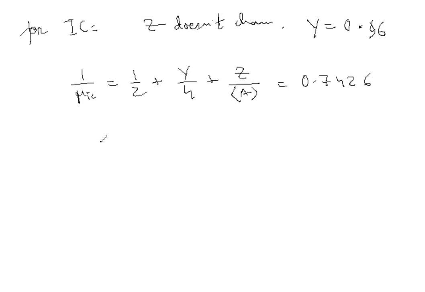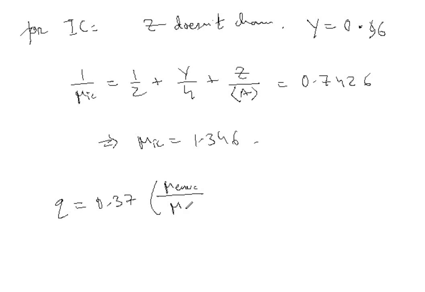So this gives us mu IC equal to 1.346, and so we can calculate the Schonberg-Chandrasekhar limit using the exact expression (mu envelope divided by mu IC) whole square, and you will see that the value is 0.078.